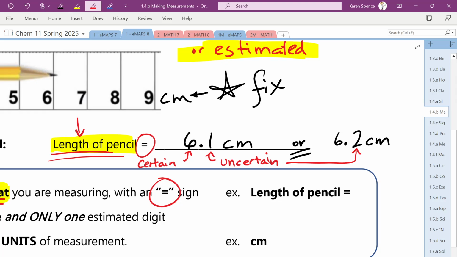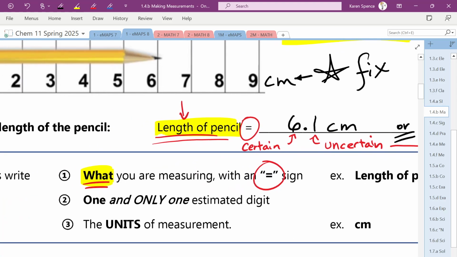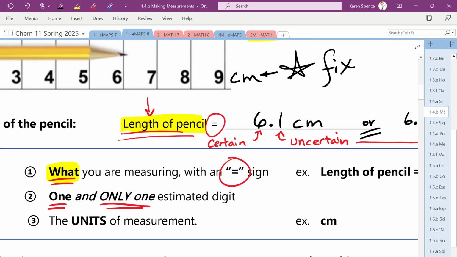So it has to be correct. You get 1 for it being correct. You get 1 for having that single uncertain digit. You need to have 1 and only 1 estimated or uncertain digit. Okay? You have to have 1, but not more than 1. And you have to have your unit. So that's 4 marks.